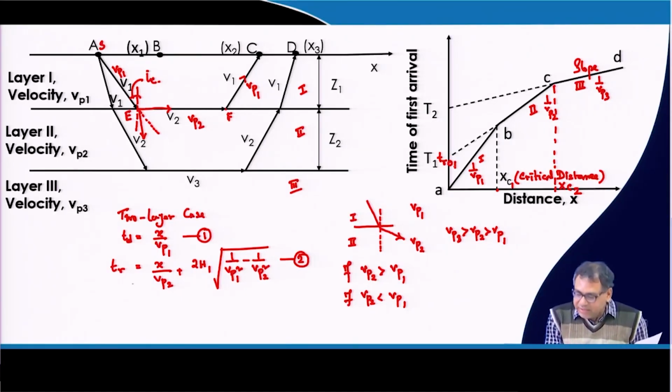Okay. So, now Tr01 is the time at x equal to 0.